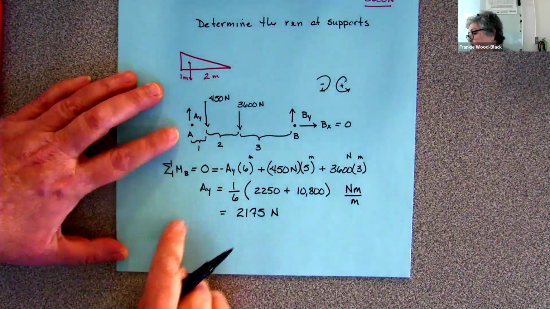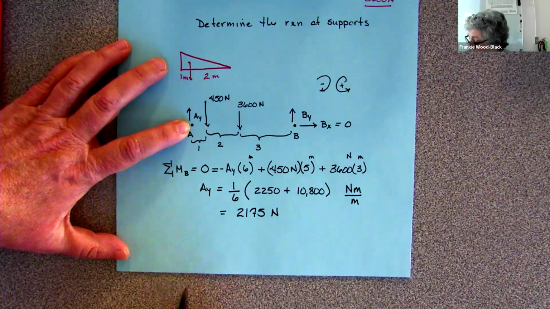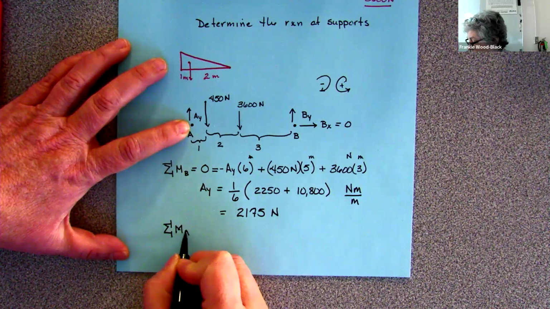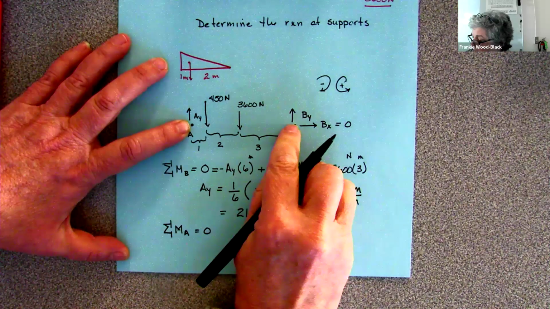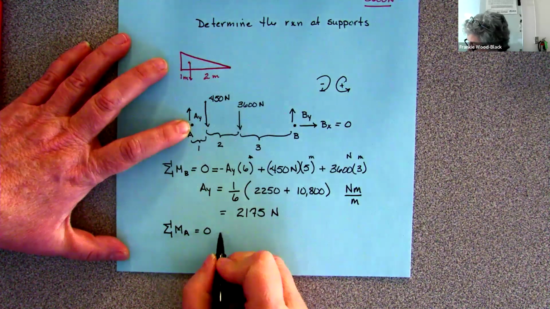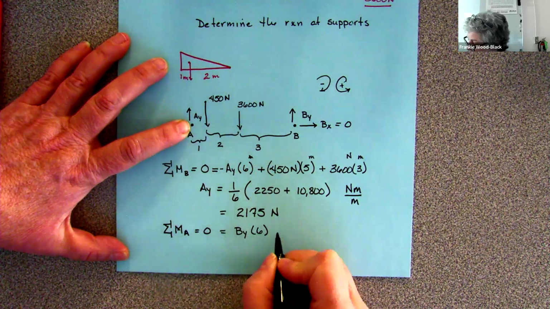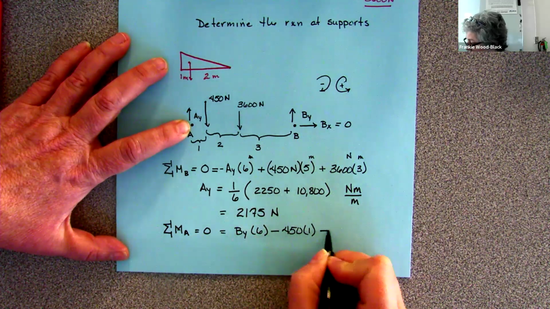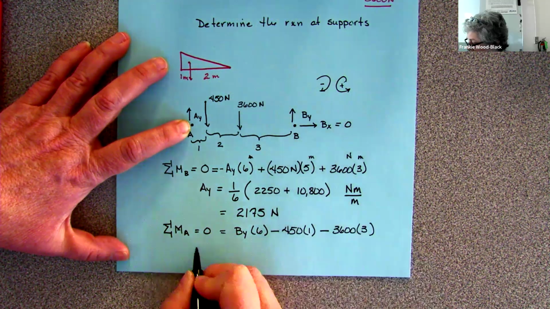So now what we're going to do is take the moment about A, which has got to be 0. Now my BY is going to go in the positive direction, so I get BY times 6, and then I have negative 450 times 1, and negative 3600 times 3.